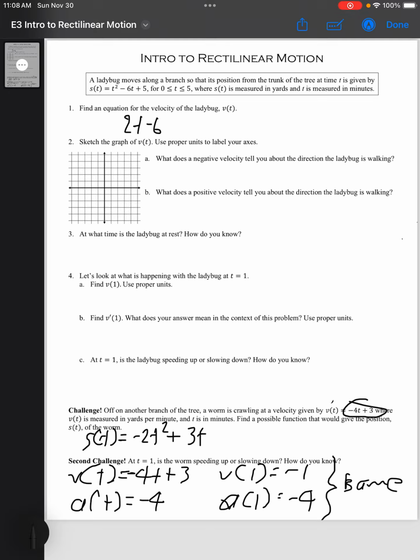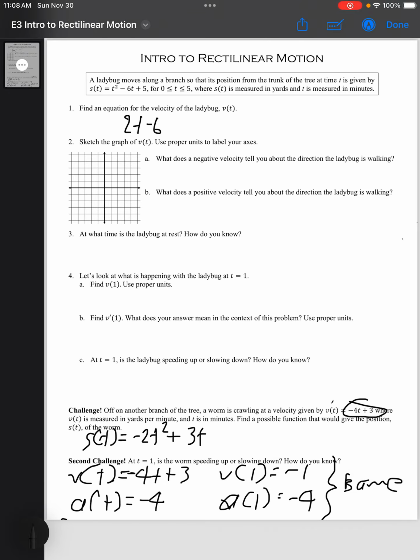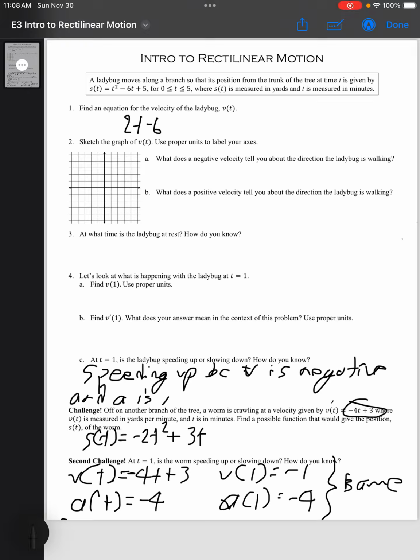We would say speeding up, so let's write our answer up here. Speeding up because, let's just abbreviate a lot of stuff, v is negative and a is negative.